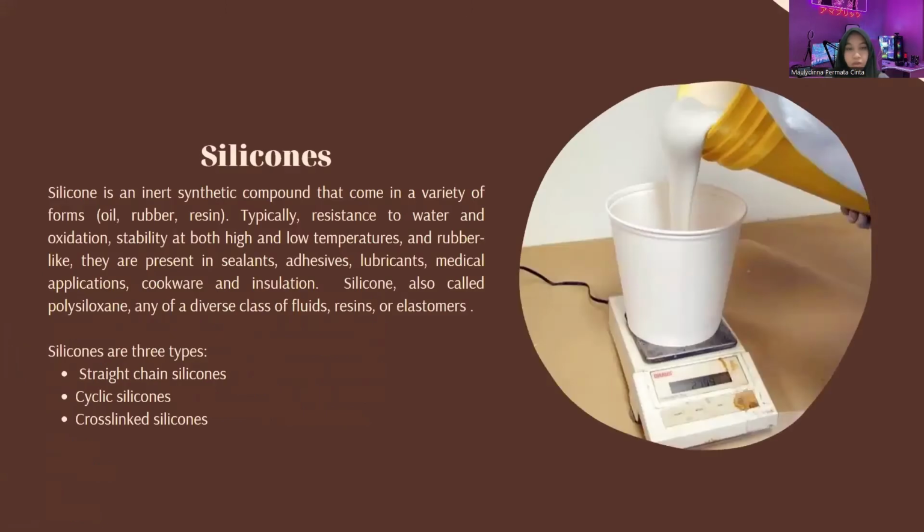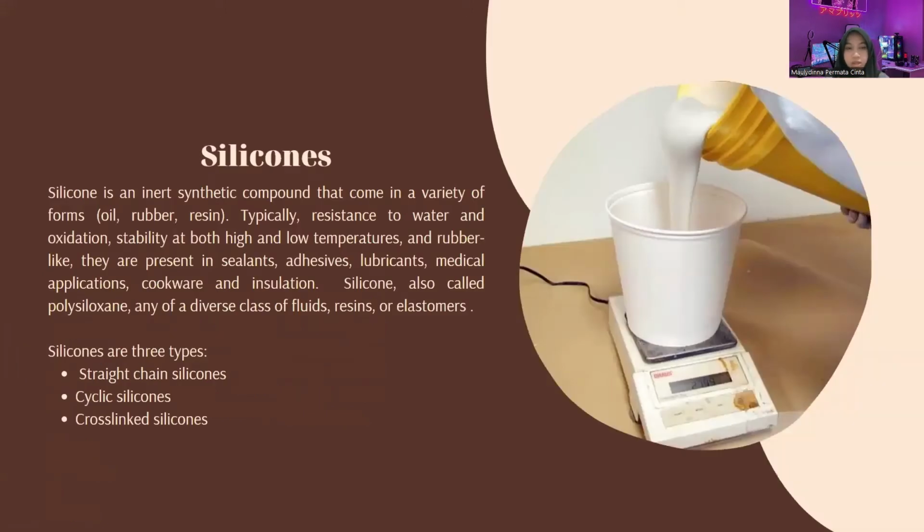And the next, about silicone. Silicone is an inert synthetic compound that comes in a variety of forms: oil, rubber, or resin. Typically resistant to water and oxidation, stable at both high and low temperatures, and rubber-like. They are present in sealants, adhesives, lubricants, medical applications, cookware, and insulation.